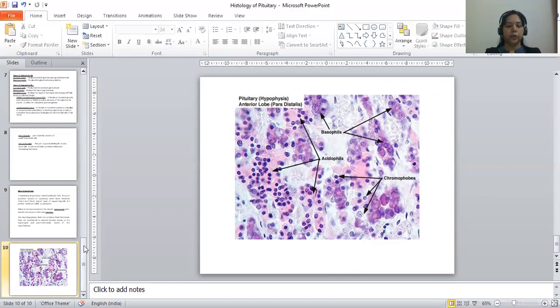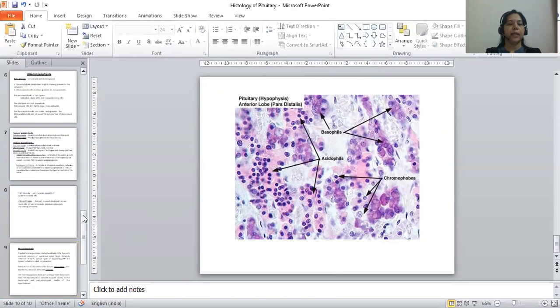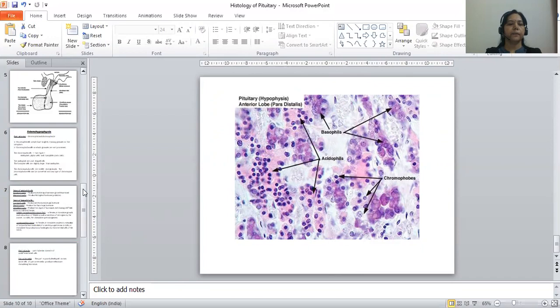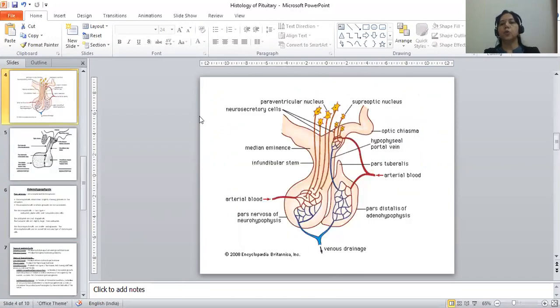Now coming to the neurohypophysis, a little more explanation about that. The two hormones of the neurohypophysis, that is vasopressin and oxytocin, are produced by these neurons here. They are called the paraventricular nucleus and supraoptic nucleus.